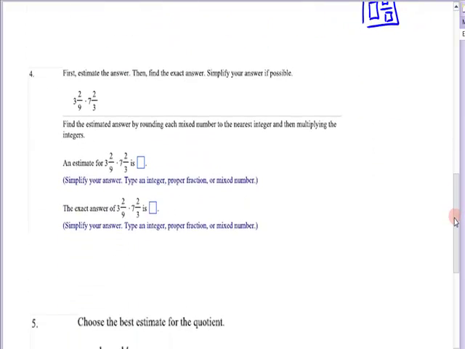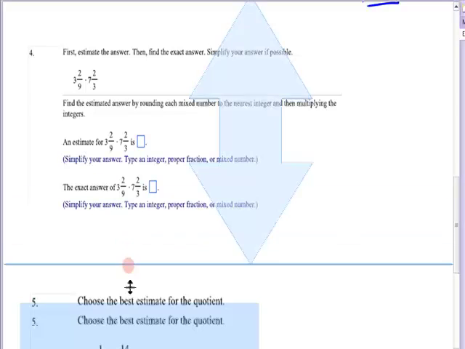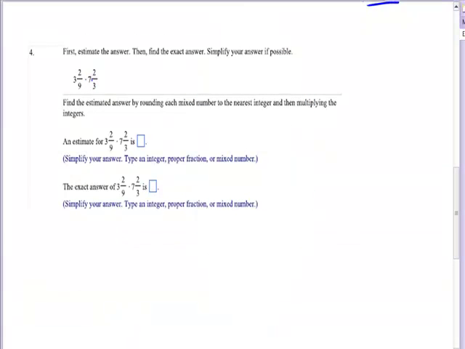All right, number 4. It asks us to first estimate and then find exact answer. Okay, this is multiplication. To estimate, 3 2/9. Now, 2/9. 2 is less than half of 9, so that's just going to be 3. I'll throw that fraction away. Times 7 2/3.